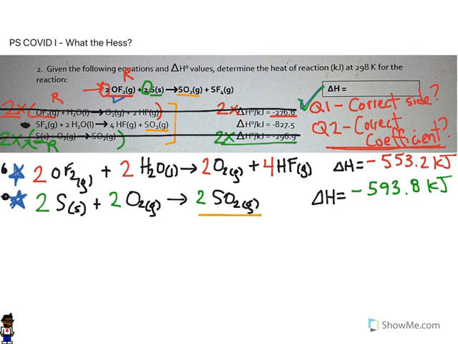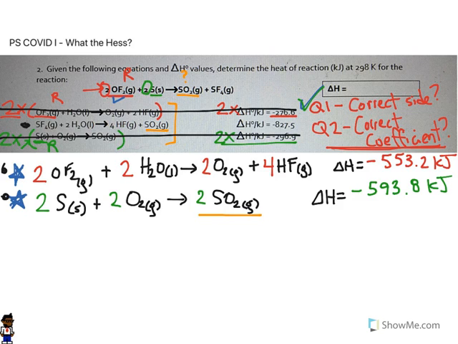Anytime a substance shows up in more than one reaction, I always say just put a question mark on it and come back to it if you have to. Keep solving all of the other ones, and usually if we solve everything else, it'll work out. So we're just going to go ahead and do that. SO2 shows up in 2 different places, so I'm going to come back to that one last.